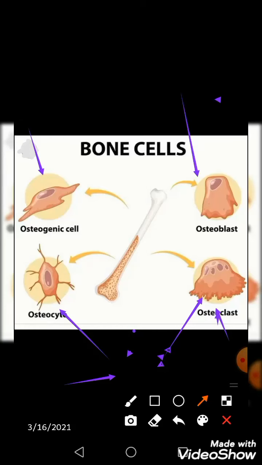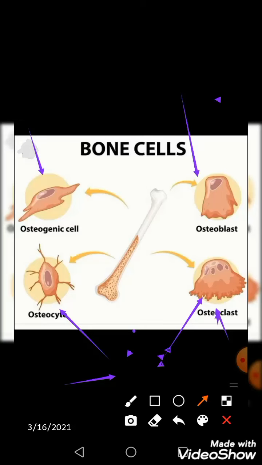Near that you can see the subosteoclastic compartment present between the ruffled border and the bone on which it is resting. Here these osteoclasts secrete hydrogen ions, collagenases and further hydrolytic enzymes into the compartment. So why are they doing that?